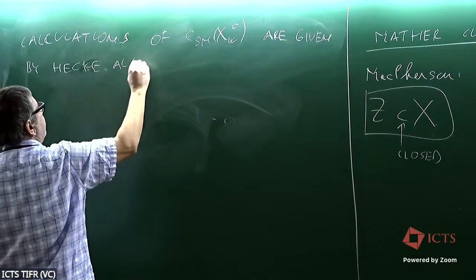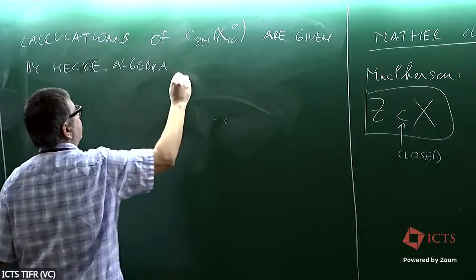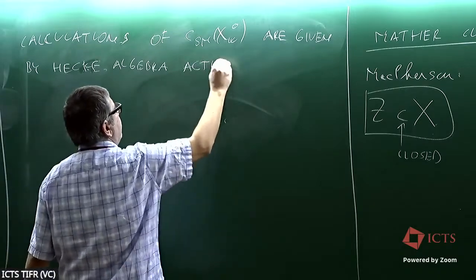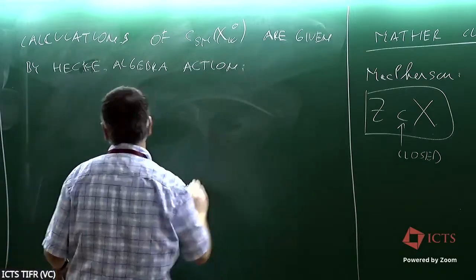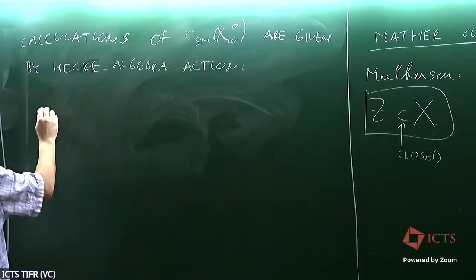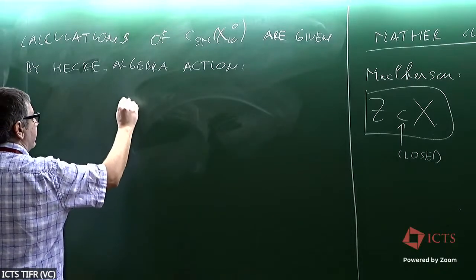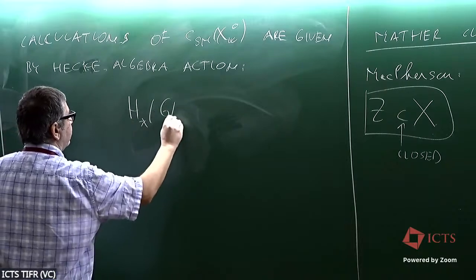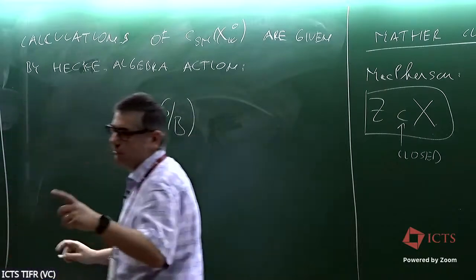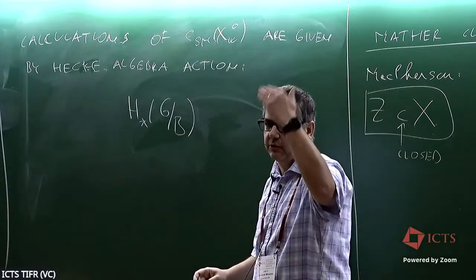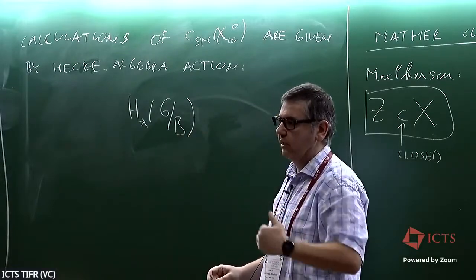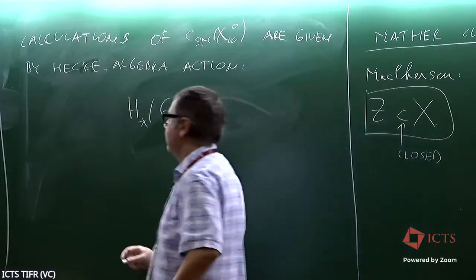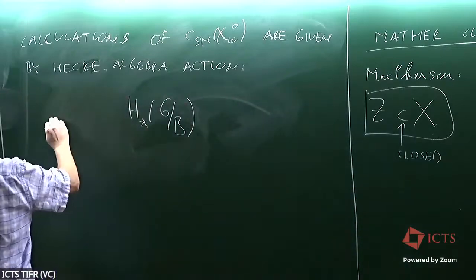I'll just say something which is extremely vague. So we have the homology or cohomology of G mod B. By the way, bifunctoriality: once you do it for G mod B, for CSM classes, you also have it for any G mod B's. You can push forward via some proper morphisms. Okay, so we have a Hecke algebra action here.